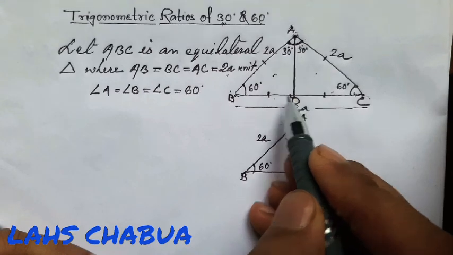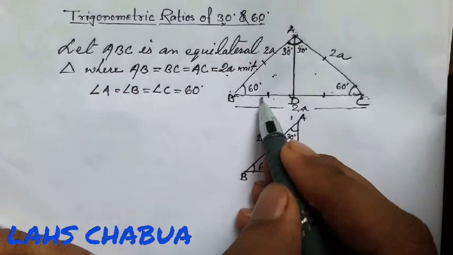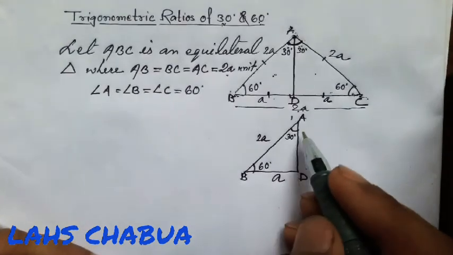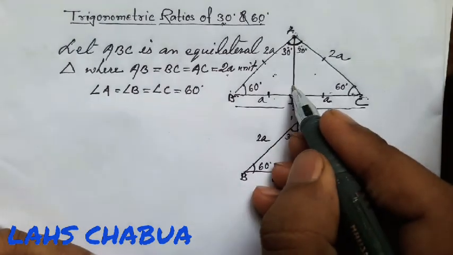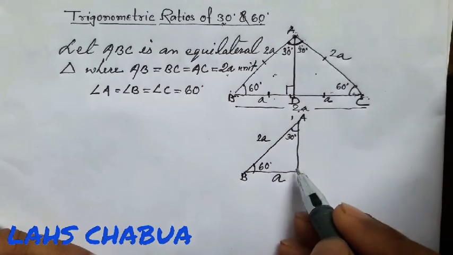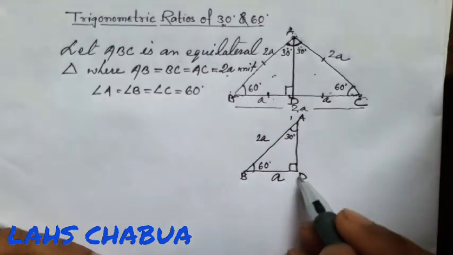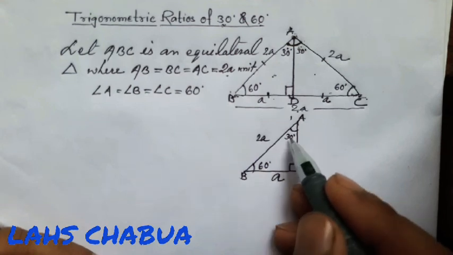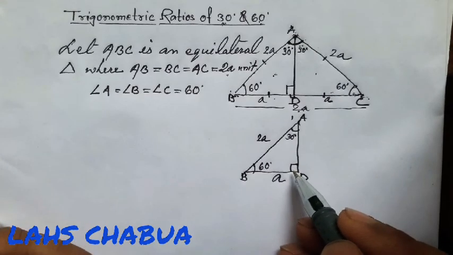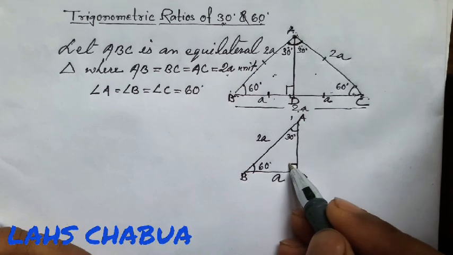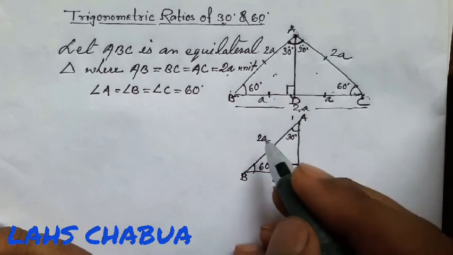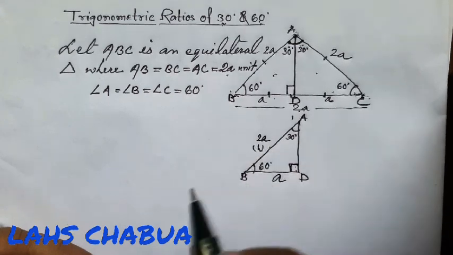So BD, if BC is 2A, each part is A unit, so we are going to write here A. Since this is a perpendicular, here it is 90 degree. Now we got a right angle triangle in which the two acute angles are 60 degree and 30 degree, and this is the right angle. Since this angle is the right angle, the side opposite to this angle is the hypotenuse.